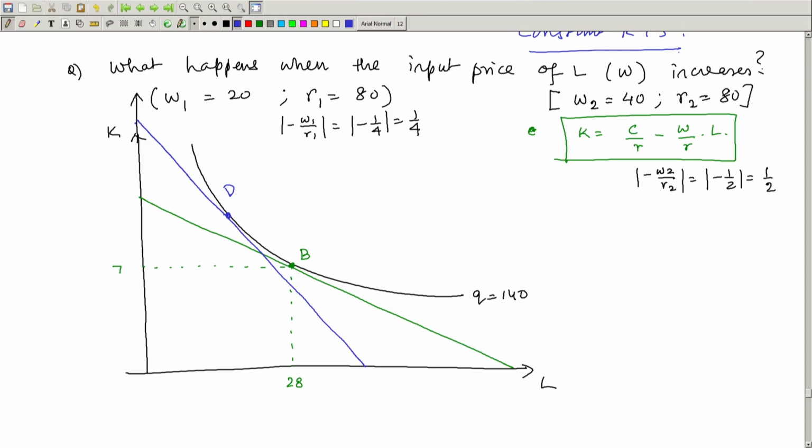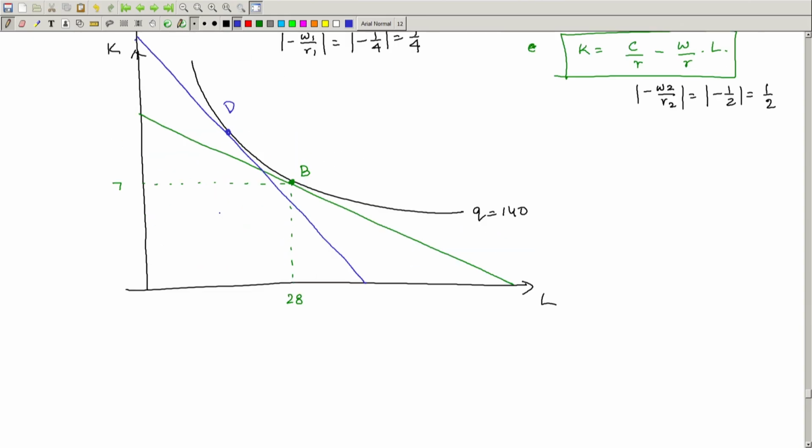But without doing algebra, let us try and understand whether we can write anything meaningful. First, I want to compare the cost of the input bundle. I want to write that bundle B, at input prices W1, R1, which is 20, 80, and compare it with the same input bundle at input prices W2 and R2, which is 40 and 80.